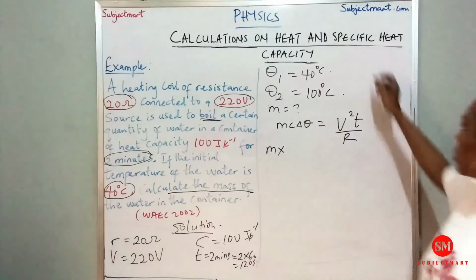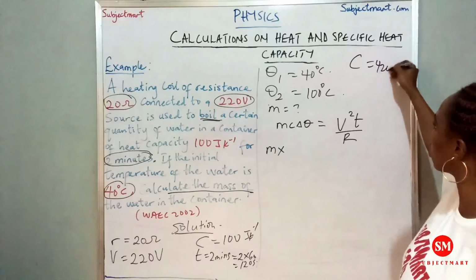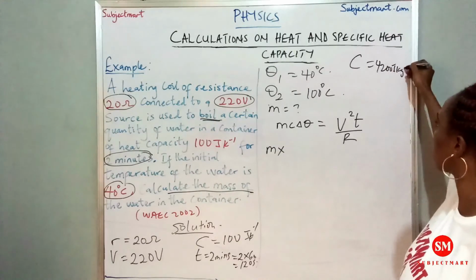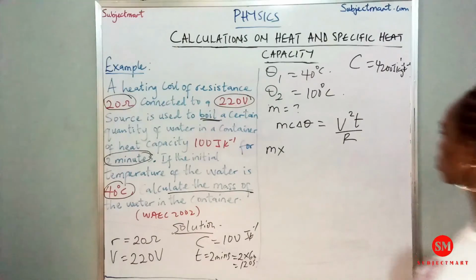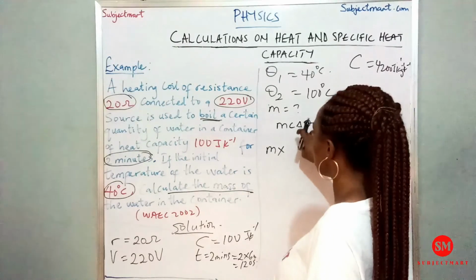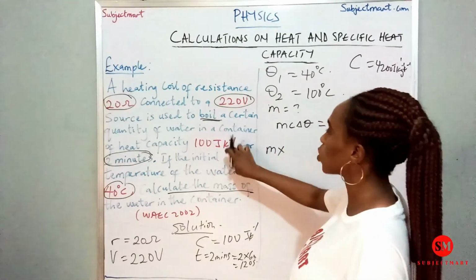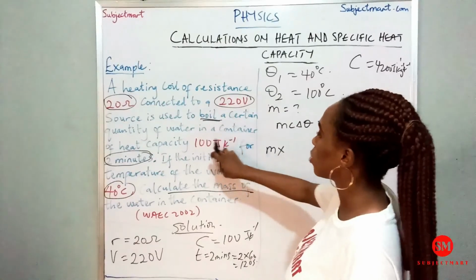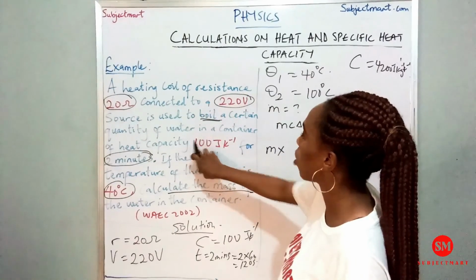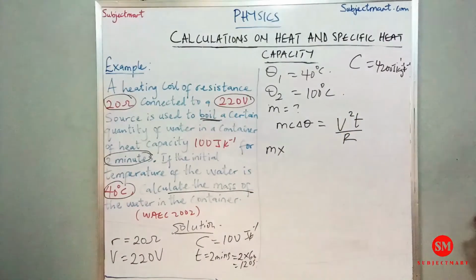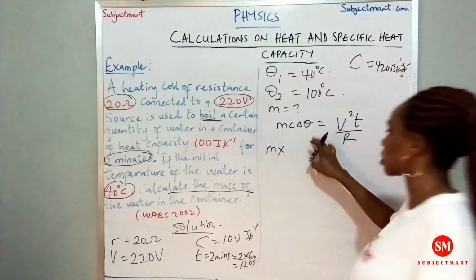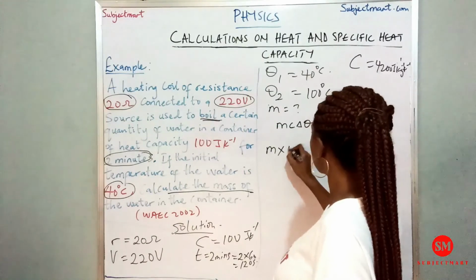Specific heat capacity of water is 4,200 joules per kilogram per Kelvin. That is what we are going to use. Not this one. We are given the specific heat capacity of the container to be this, but we are not using that. We are using that of water, since we are dealing with water.